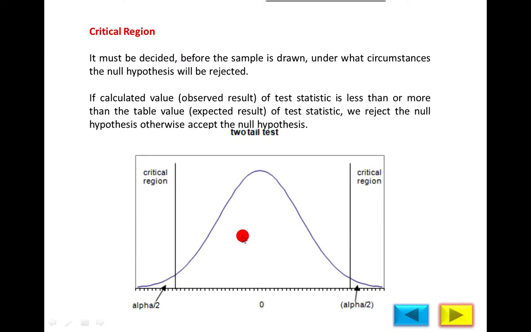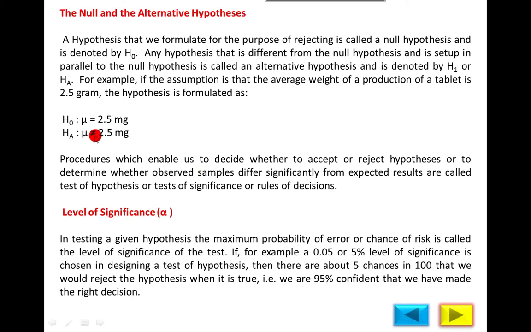I will explain this with the help of an example after this definition. So this graph represents the graph of the t-test or z-test. And what is a two-tailed test? If the alternate hypothesis is less than, it is called one tail, only the left side; or more than, the right-hand side, is one tail.